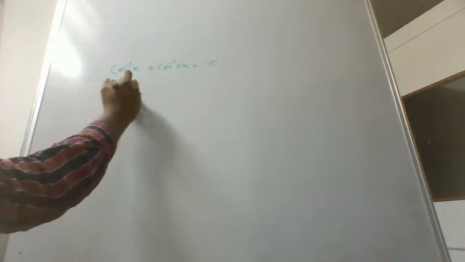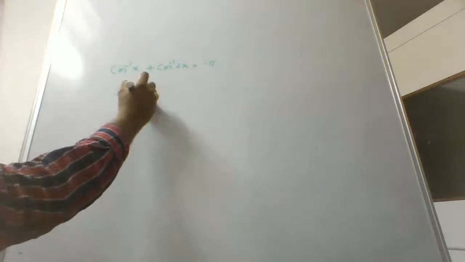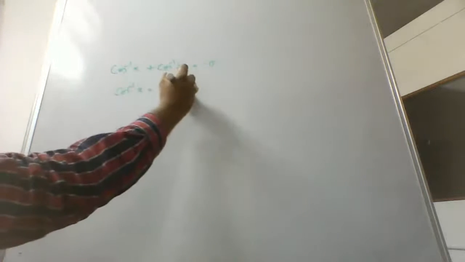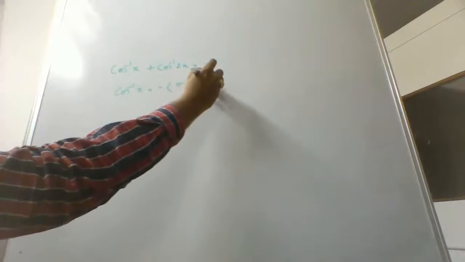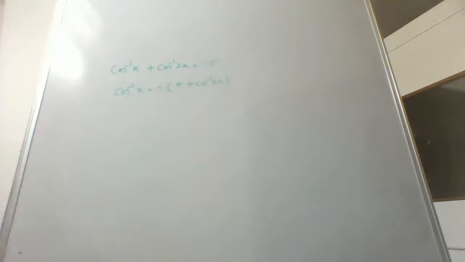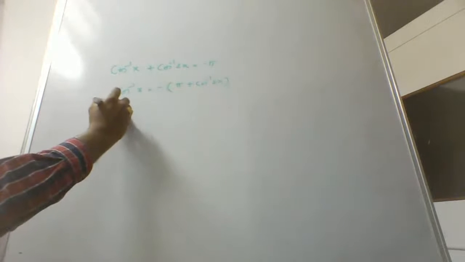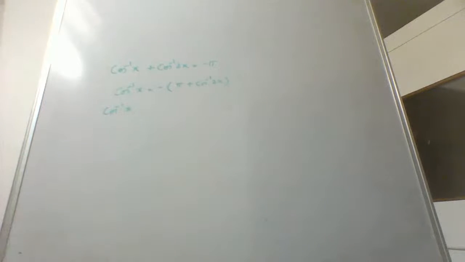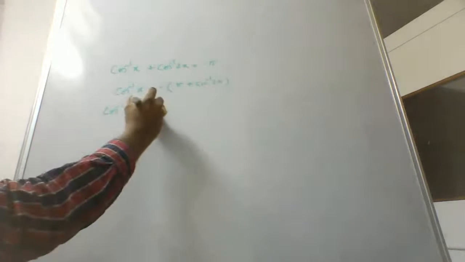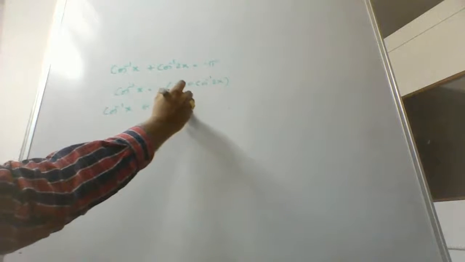Now cos inverse x is minus of pi plus cos inverse of 2x. So the range of cos inverse of x would be from 0 to pi.